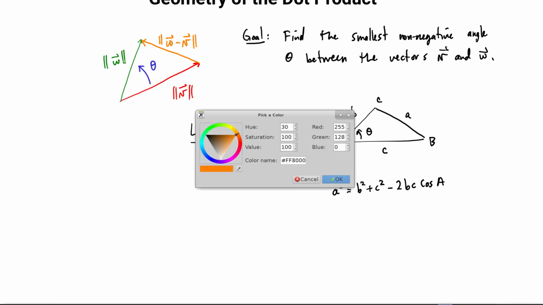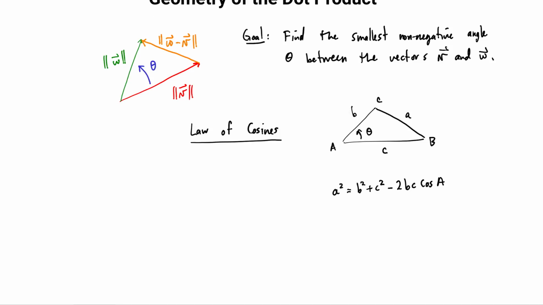So our triangle says that, start with the orange, the length of w minus v, quantity squared, is equal to the sum of the squares of these lengths, so the length of side v squared plus the length of side w squared, vector w, right?